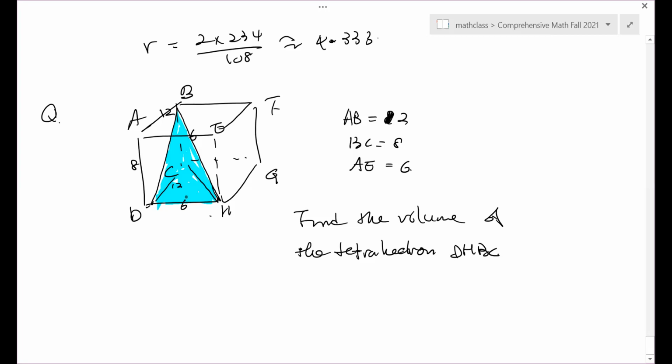So the area of the base, CDH, which is a right triangle, is half of 6 times 12, which is 36.